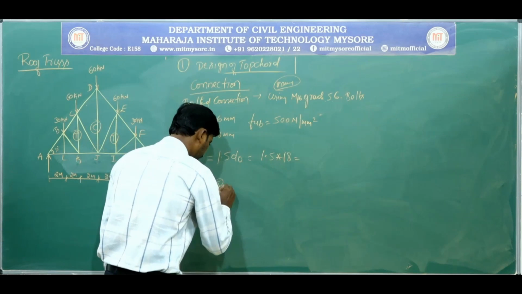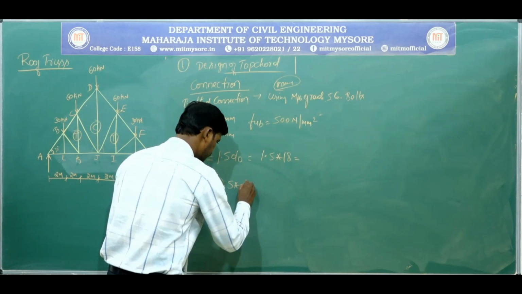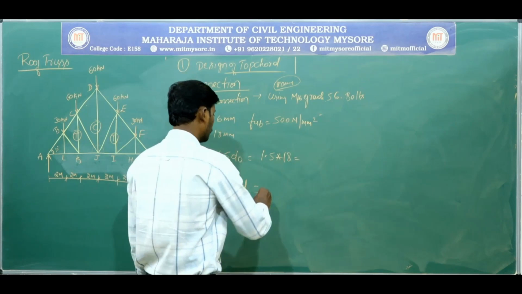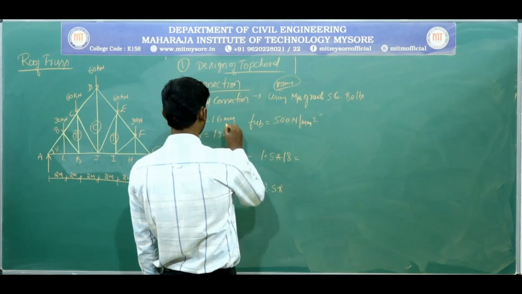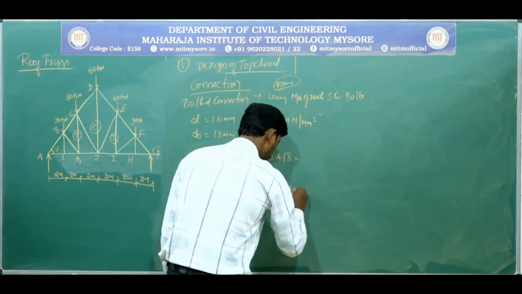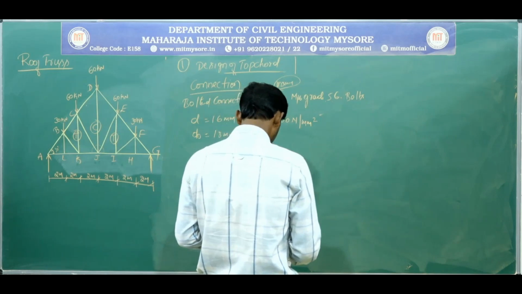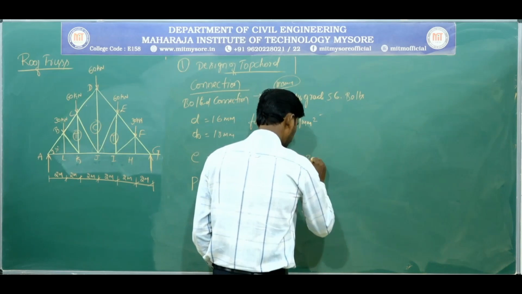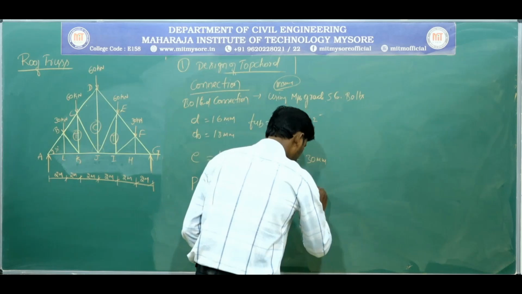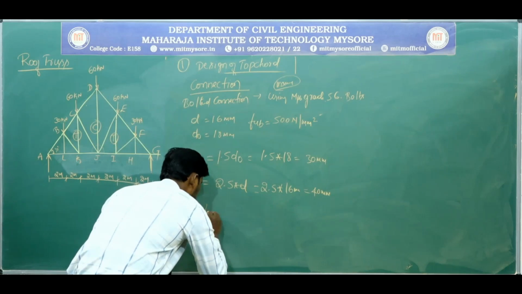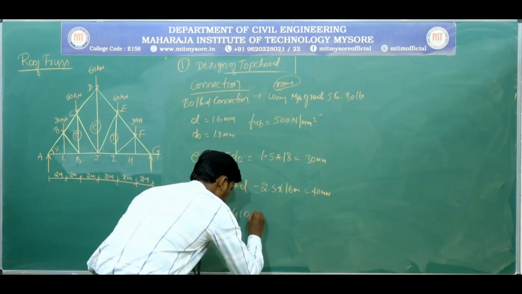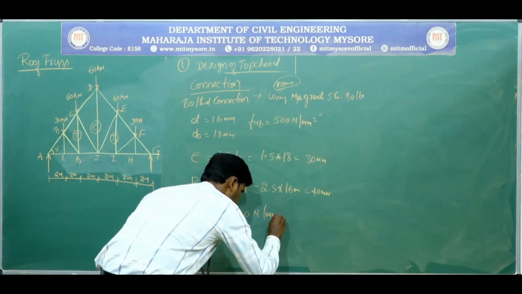It would be 2.5 times D, so 2.5 into the diameter of the bolt, 16 mm. If you solve this, this will become 30 millimeter, and this will become 410 Newton per mm square.